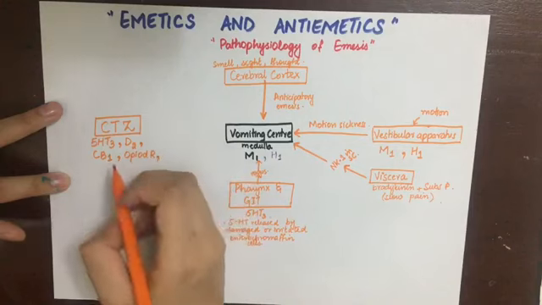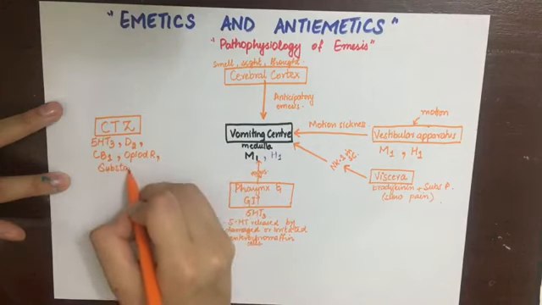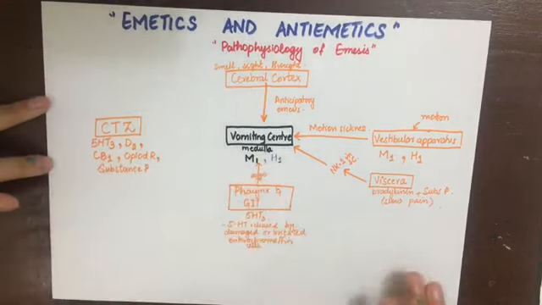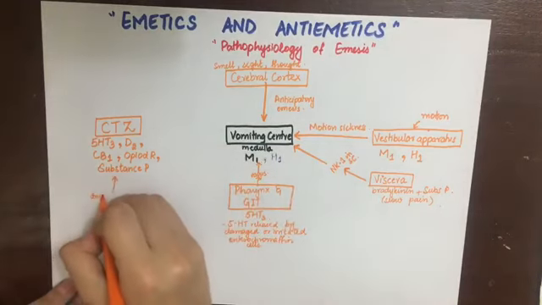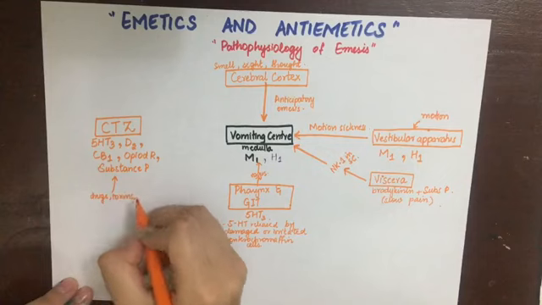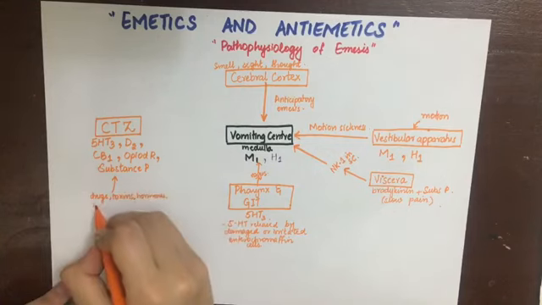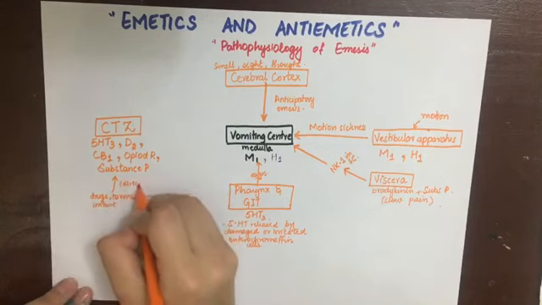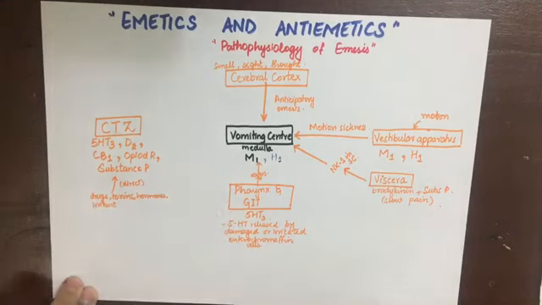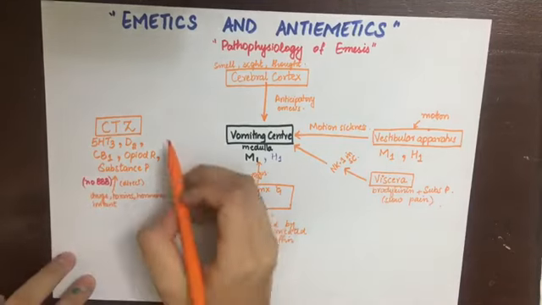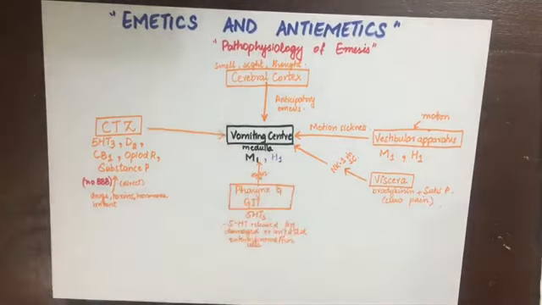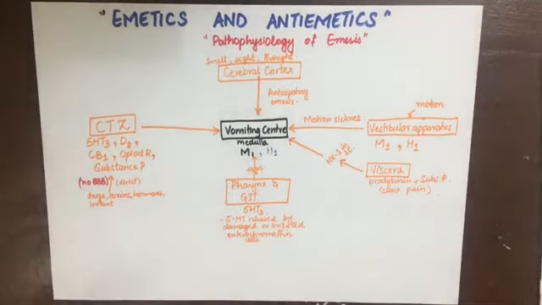The receptors present in the CTZ are serotonin receptors, D2 receptors, cannabinoid receptors, opioid receptors, and substance P. They can be stimulated by drugs, toxins, hormones, and any sort of irritants actually. Because there is no blood-brain barrier at the CTZ, they can easily do that. That's why the CTZ directly stimulates the vomiting center to cause vomiting.